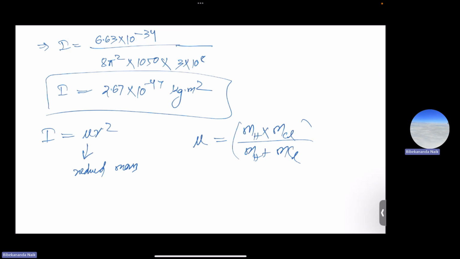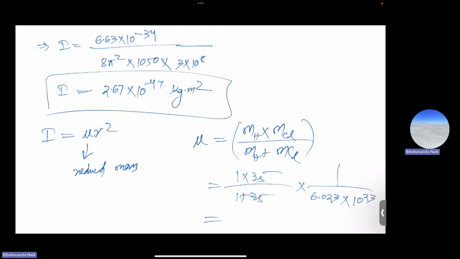So we will divide the weight by the Avogadro's number, which will give us the mass of one molecule. So 1 into 35 divided by 1 plus 35, into 1 by Avogadro's number, which is 6.023 into 10 to the power 23.